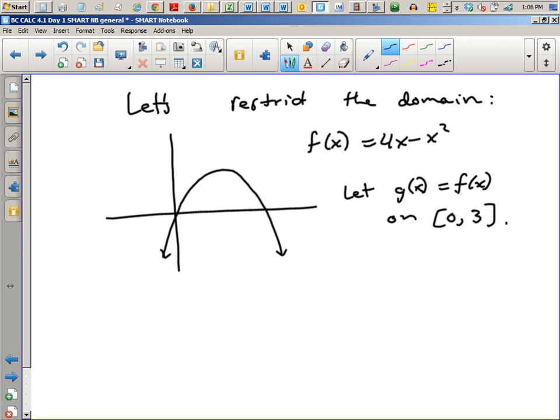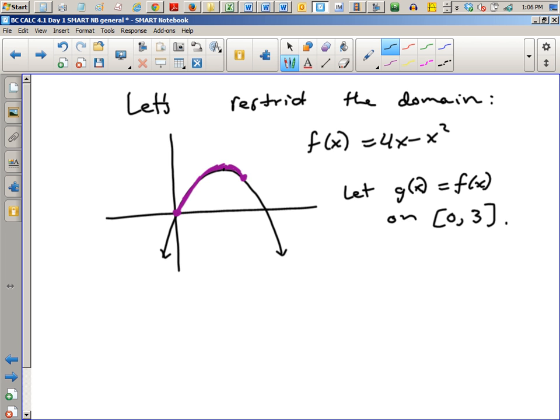So what this means is you're just going to be looking at this part only. Zero to 3, see? That's all you want to look at. And I know that because it's just giving me those as endpoints. So try to understand that notation.